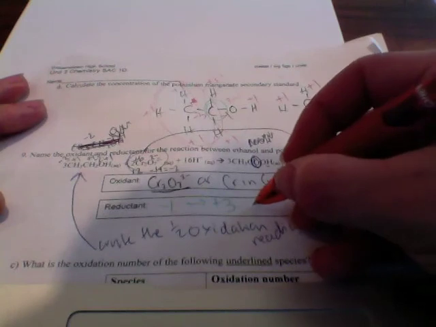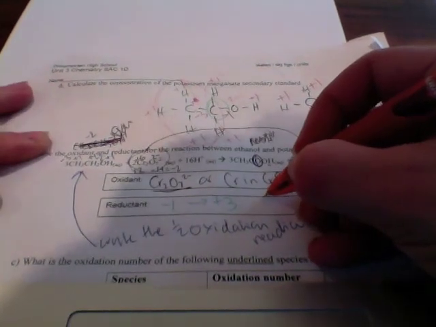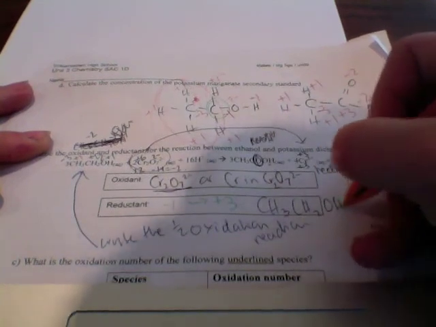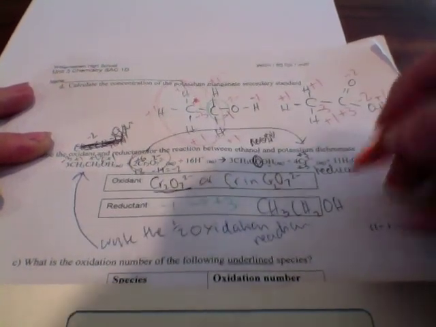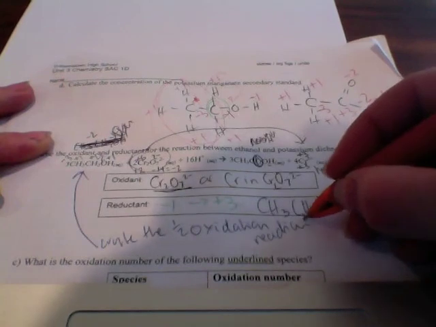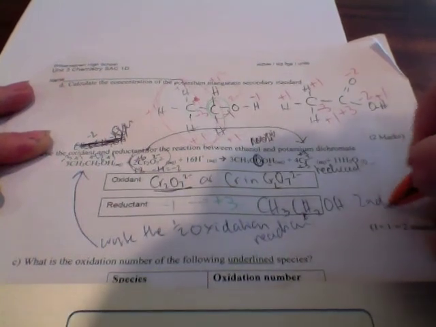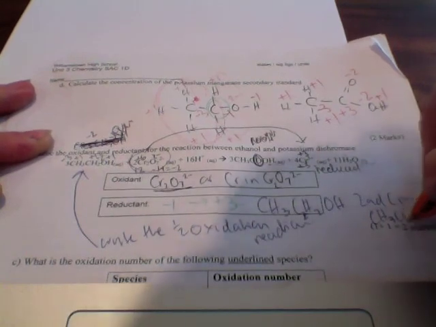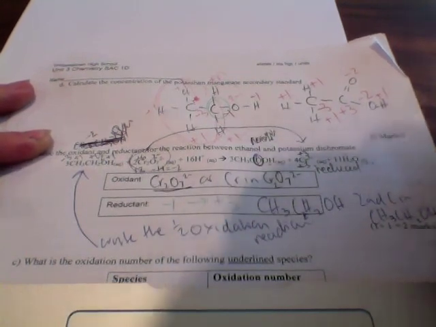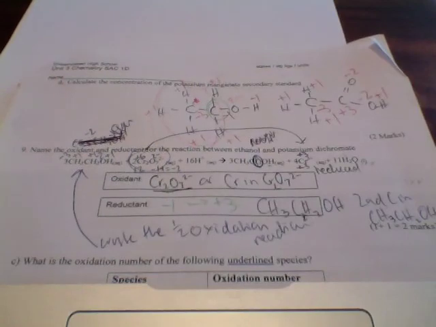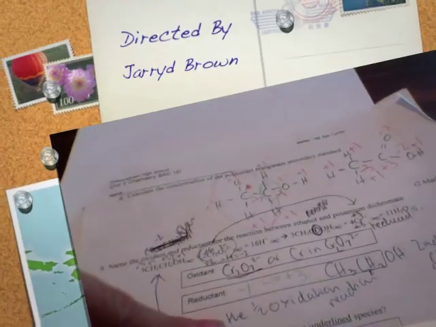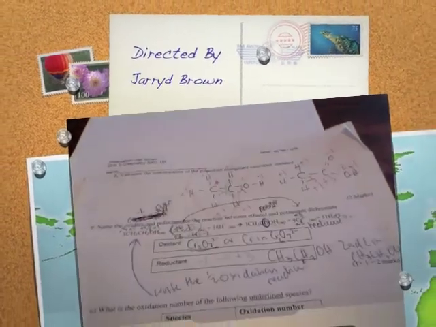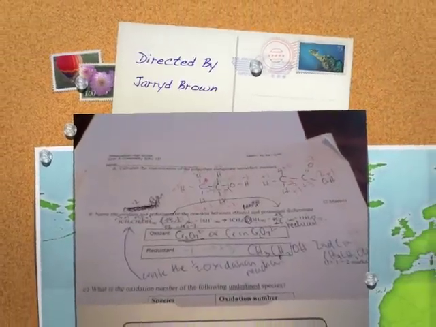That's a really easy way of doing it. So our reductant is ethanol, or in other words, the second C in ethanol. If you wanted to be very specific, they would be very shocked that you would know that. But anyway, that was a tricky one. But I would go right out the half oxidation. You know that you'll have electrons on the right side, so it has lost electrons.